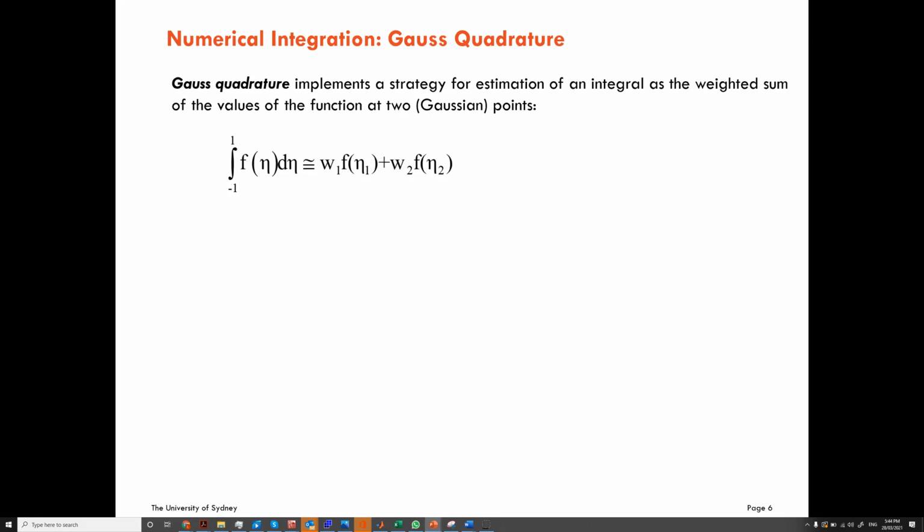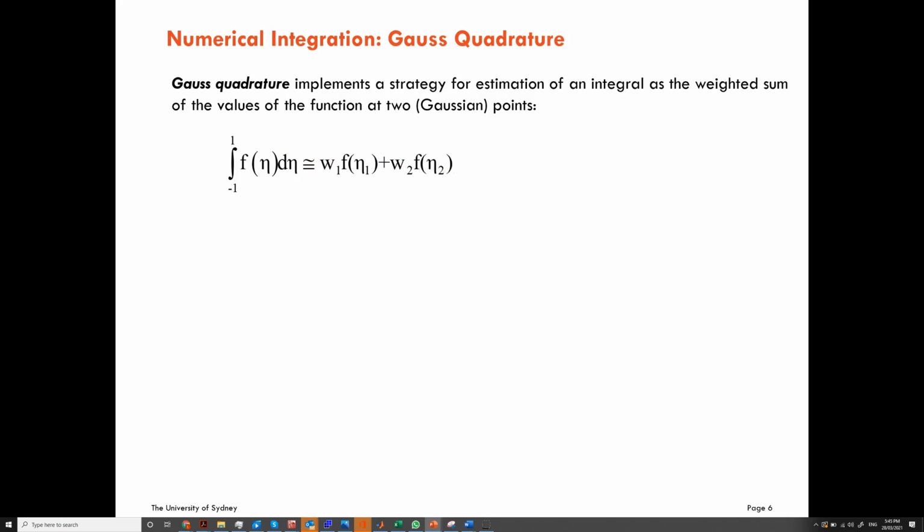So the Gauss quadrature is a method to solve this integral by taking 2 points and performing a very simple formula that is the calculation of these functions in 2 points and applying some magic weights. And these magic weights should make this integral approximately equal to this expression.